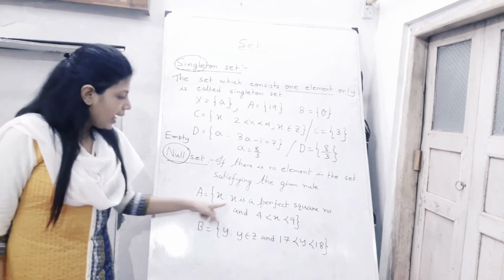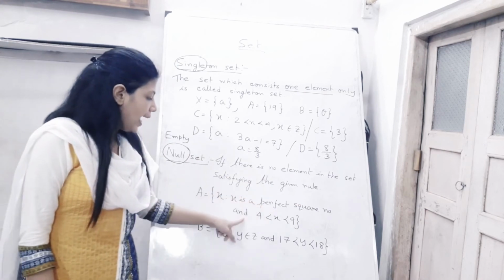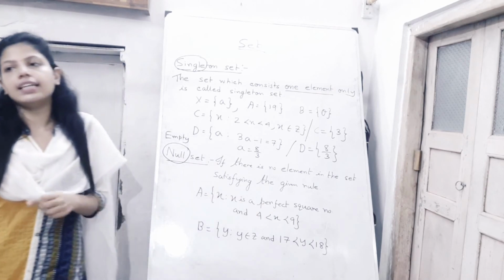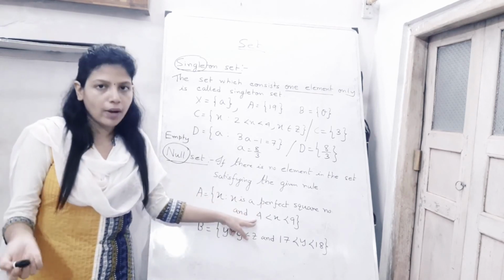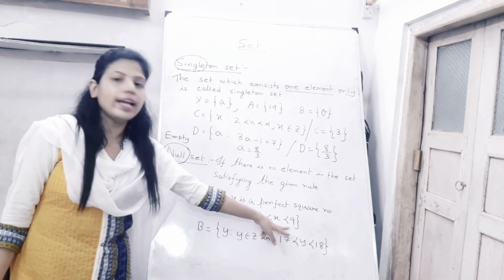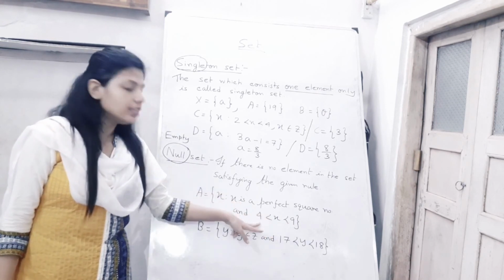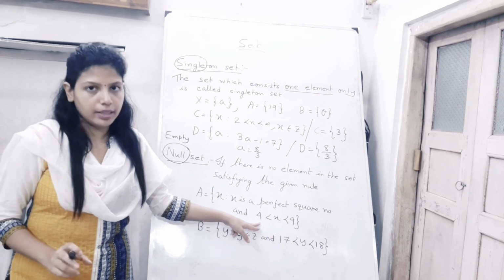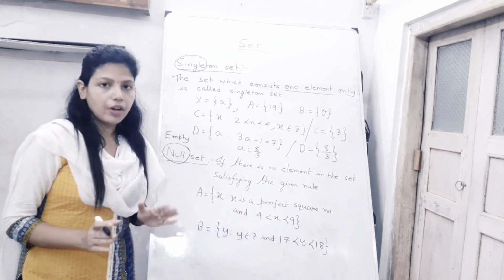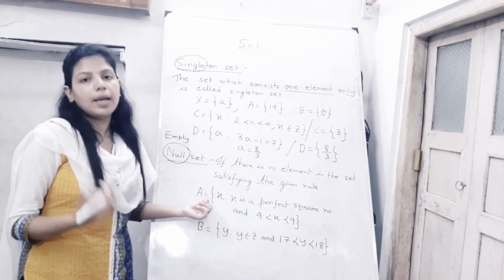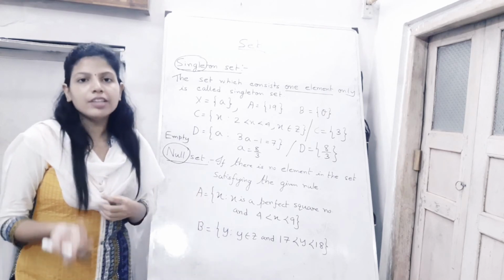Example: X is a perfect square number and 4 less than X less than 9. You know that 4 is a perfect square because 2 squared equals 4, and 3 squared equals 9. In between there is no perfect square number. That's why it is a null set. We can't write this one in tabular form because no element is there.